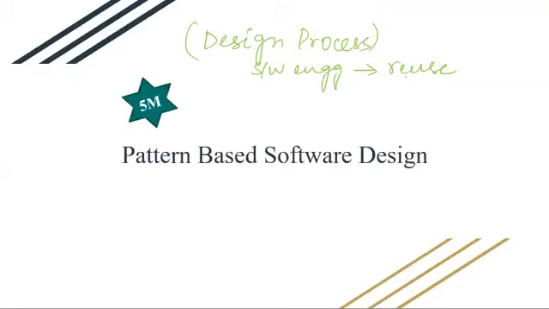Now, why is he going to focus upon reusability? Because reusing the components is going to reduce the cost of building, and it is also going to reduce the time to deliver the software within the specified time frame. So within the entire design process, the software engineer is going to focus upon every opportunity to reuse any existing design pattern so that it can reduce the cost and time rather than creating new ones.